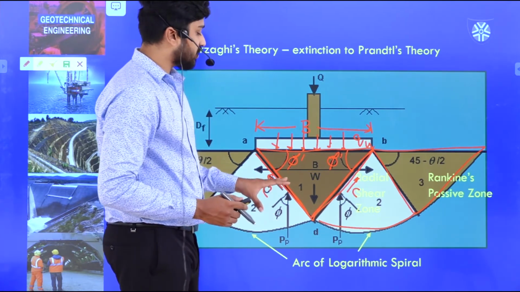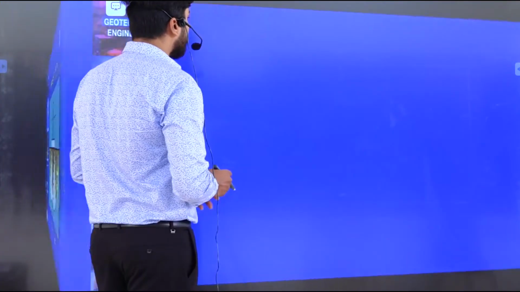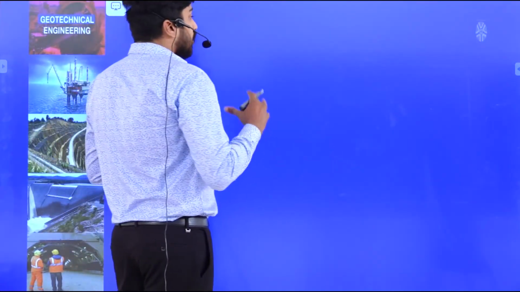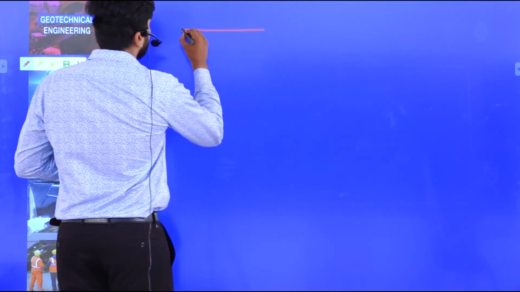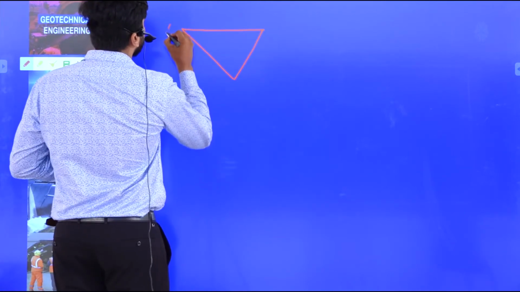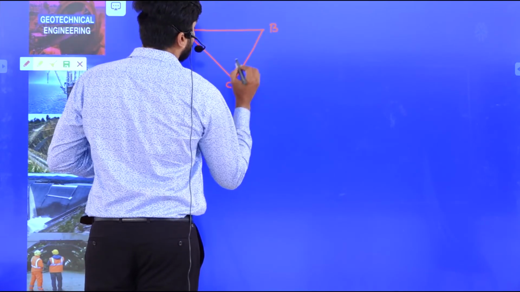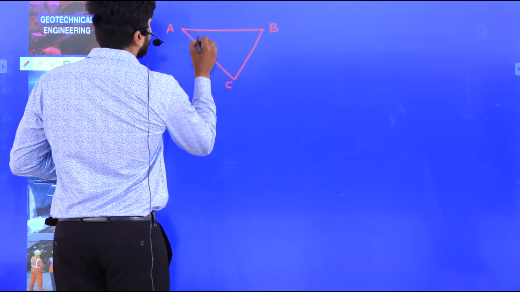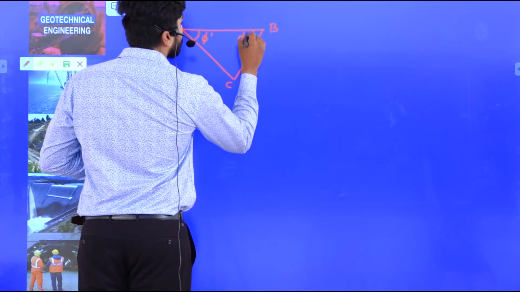Make sure you note down this diagram here. Now let us draw this diagram for a more detailed understanding. Let us consider the equilibrium of this wedge. I am just drawing the triangular wedge. Let us denote this as A, B and C. This is phi dash and this is also phi dash.